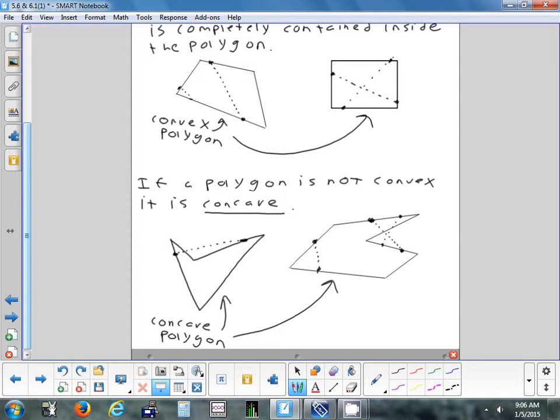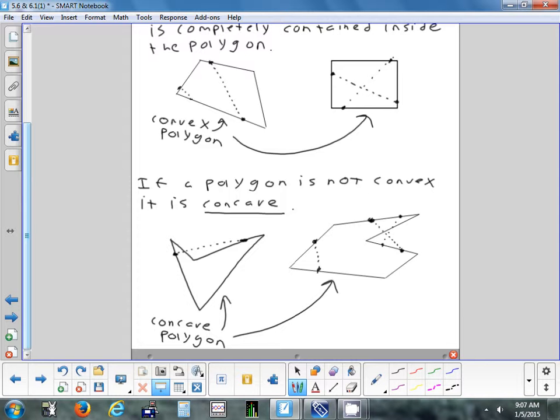Okay, but does anybody have any questions on concave or convex? What those polygons are? So now when you describe a polygon, you could be a little bit more specific. You could say something is a pentagon, or you could say it's a convex pentagon, or a concave pentagon. So convex and concave can apply to any of the shapes we just talked about.